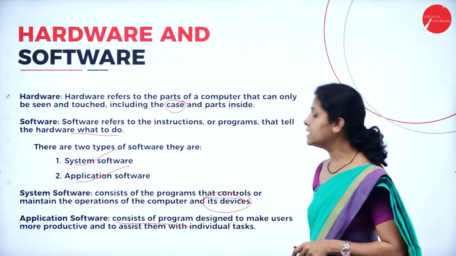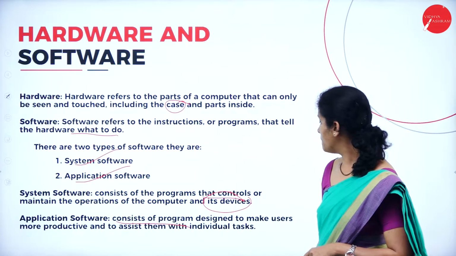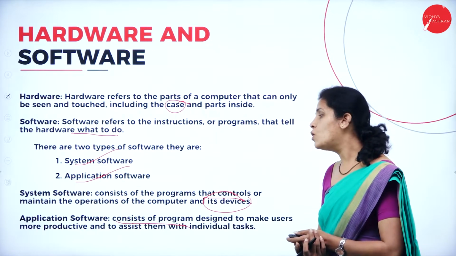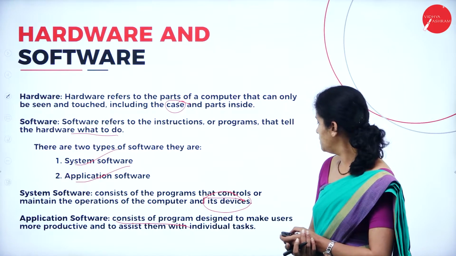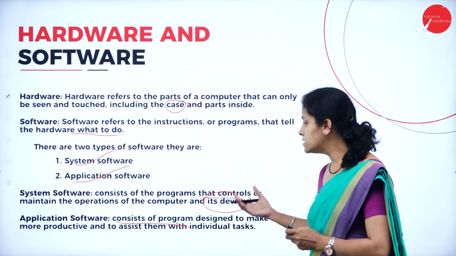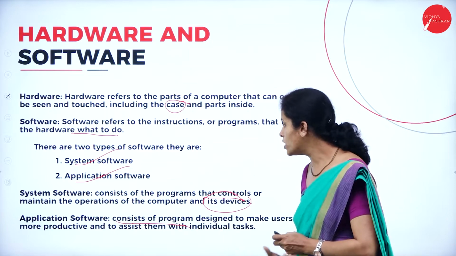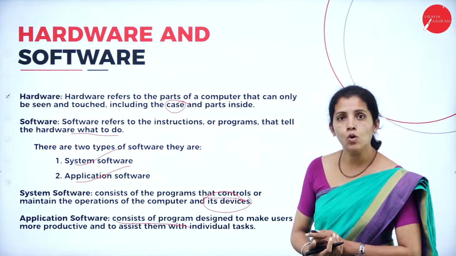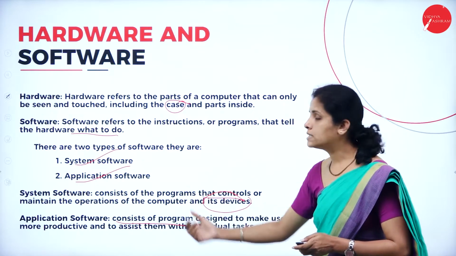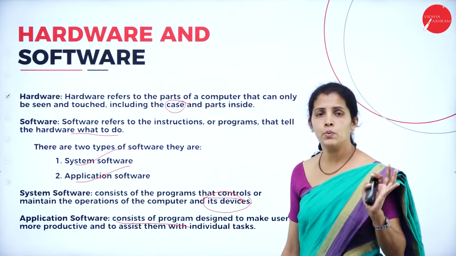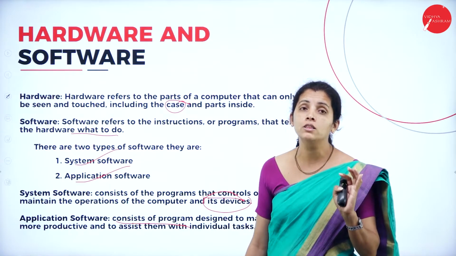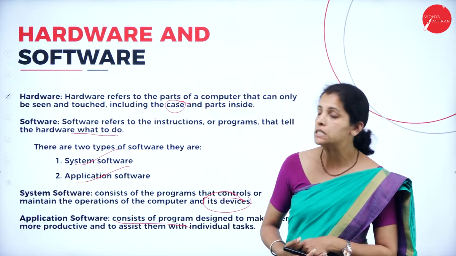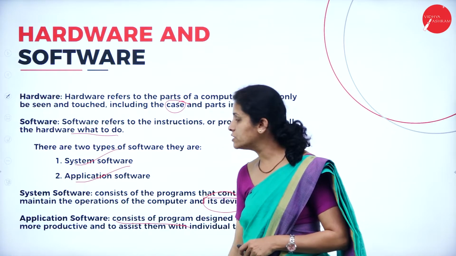Once again, it is nothing but a set of programs which makes the user more productive. That means it's a program designed to make the user more productive and help them perform tasks more productively. So, what is application software? Any software which is designed based on the user's wish to perform intended tasks is nothing but application software.